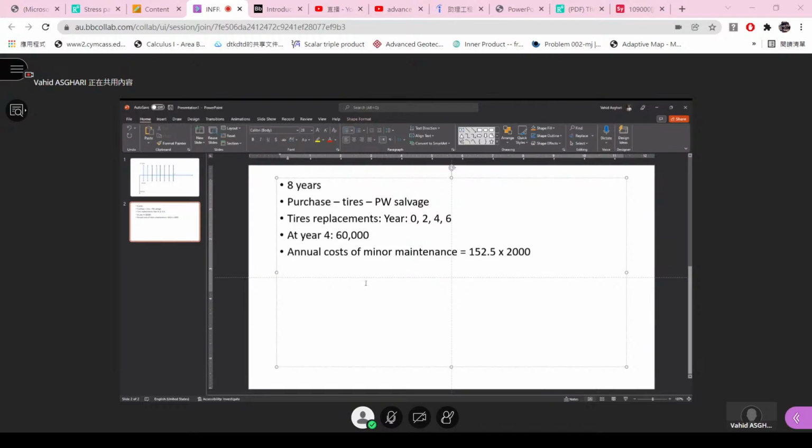This is year 4, not year 8. You are correct, my friend. Thank you for noting it. So the only trick here, the only issue here is that you need to consider tires and think about them separately.